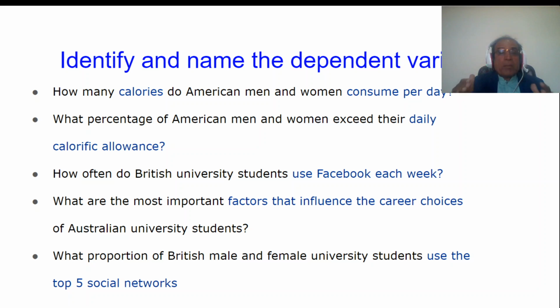What proportion of British male and female university students use the top five social networks? Here, consumption per day, daily caloric allowance, use of Facebook each week, factors that influence the career choice, and use of the top five social networks are the dependent variables, and these dependent variables have been highlighted in these examples.